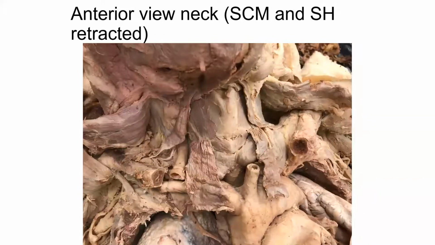Okay. Now in this view, I've retracted sternocleidomastoid once again. I'm repeating this so you can get a lot of exposure and practice with this, so I'm going to go over this one more time. Sternocleidomastoid being retracted here. Sternohyoid also being retracted.